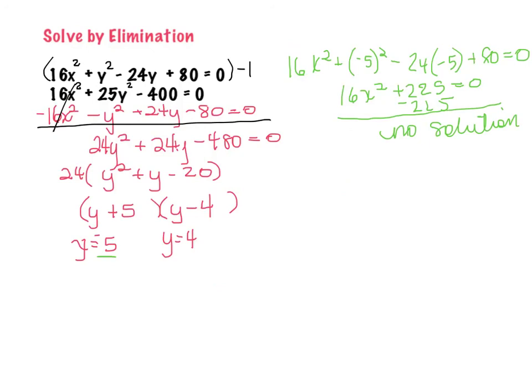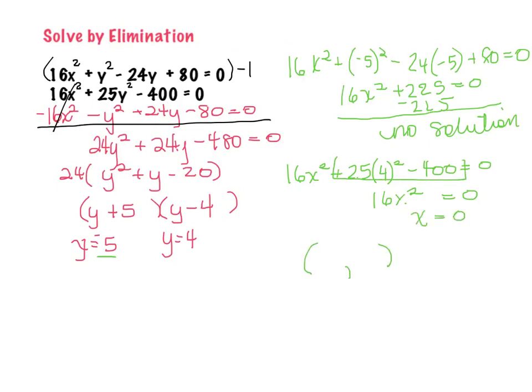So now let's plug in the positive 4. So I get 16x squared, and it doesn't matter which one I plug in, plus 25 times 4 squared minus 400. I get 16x squared equals 0 because these add together to 0. So x equals 0. So now be careful when you put this in. The x is 0, the y is 4.